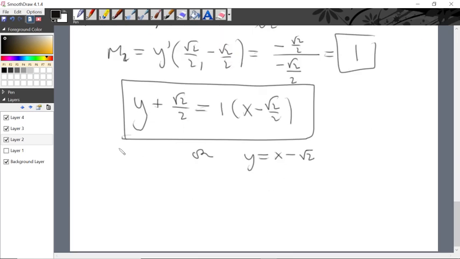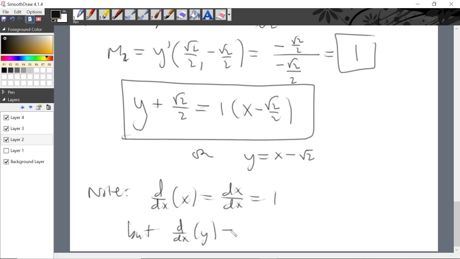Okay? Now let's note, when we write something like, if we take the derivative with respect to x of x, that is dx over dx, that is equal to 1. But if we take the derivative with respect to y, that's equal to dy dx, or y prime, right?